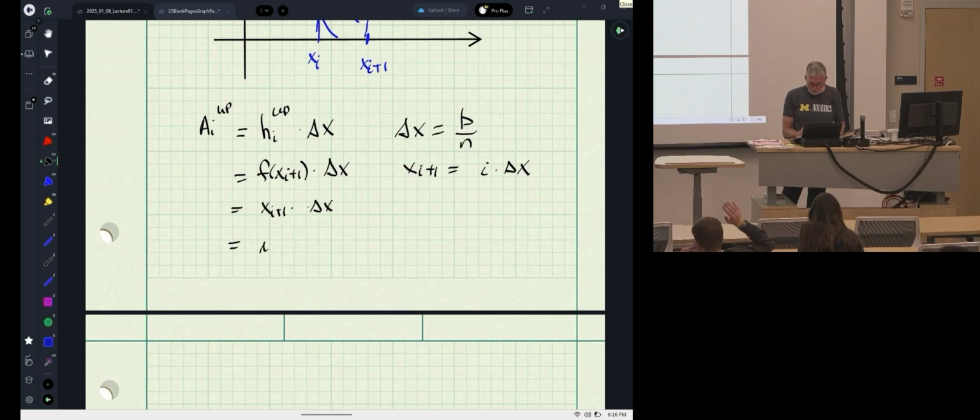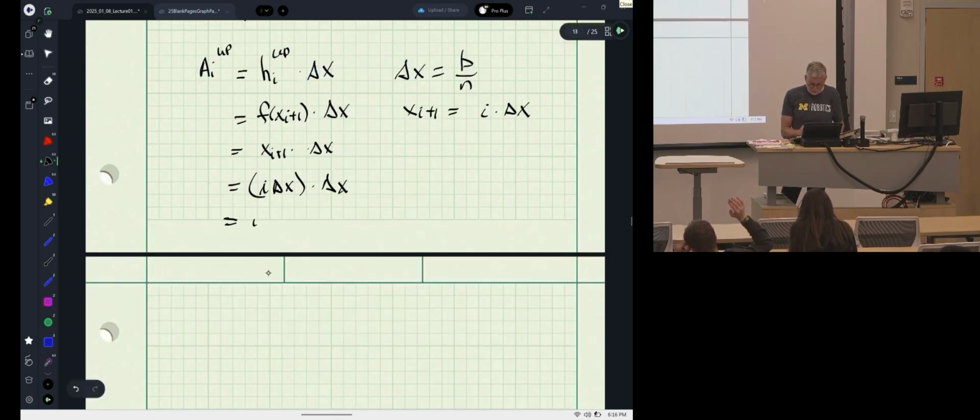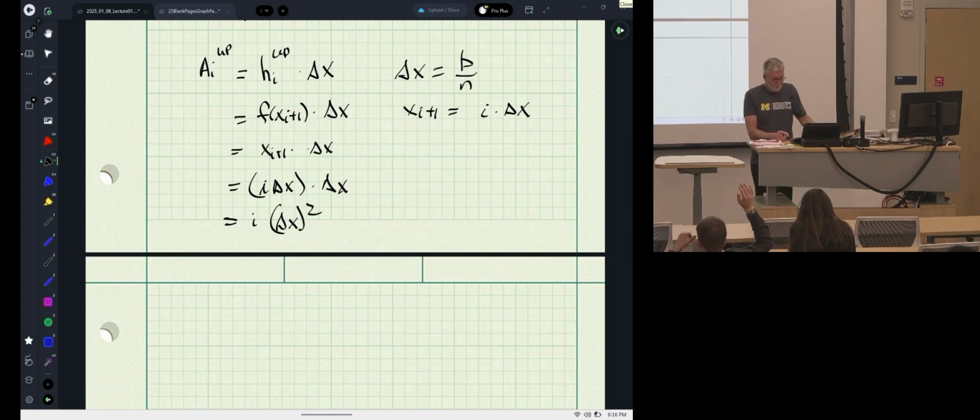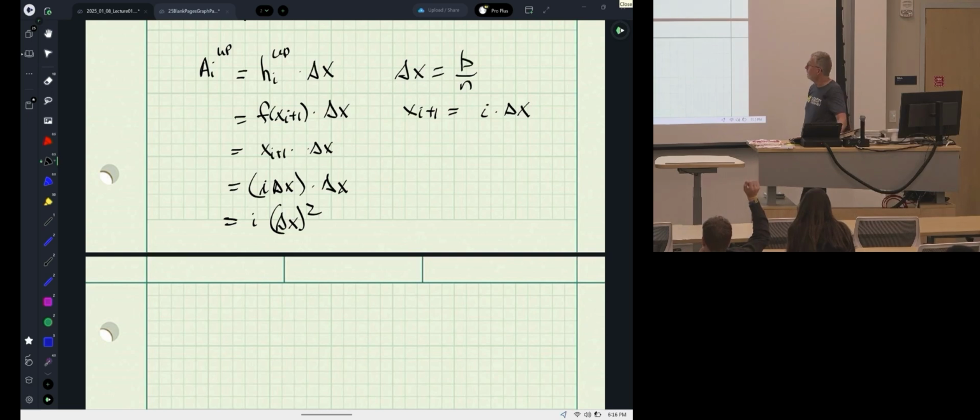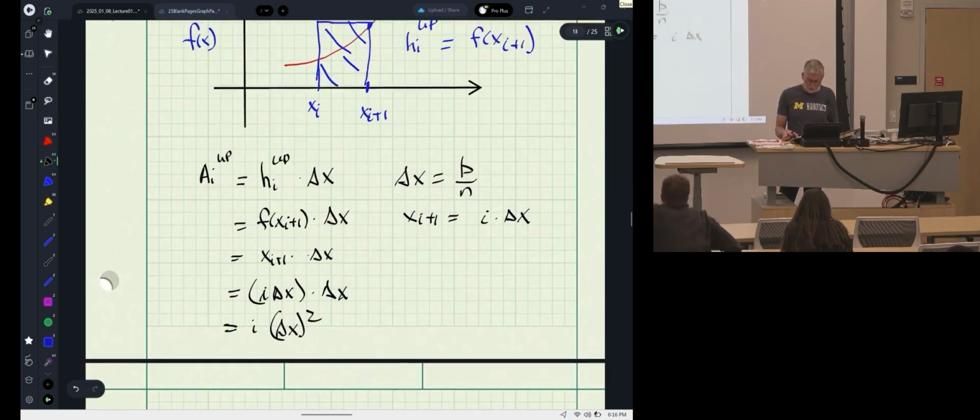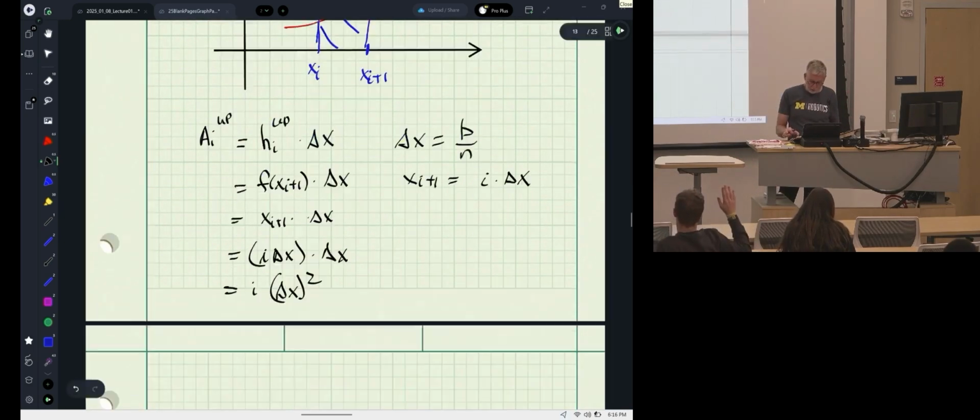And then this is i plus 1 delta x squared. Whew. Okay, so that's our formula for the upper approximation of an individual rectangle.